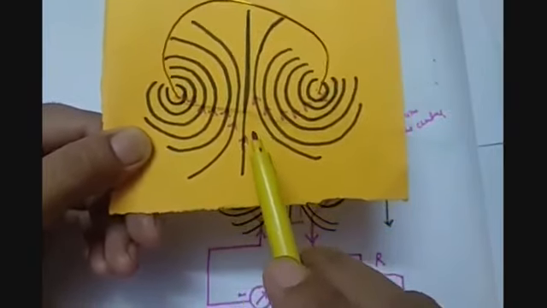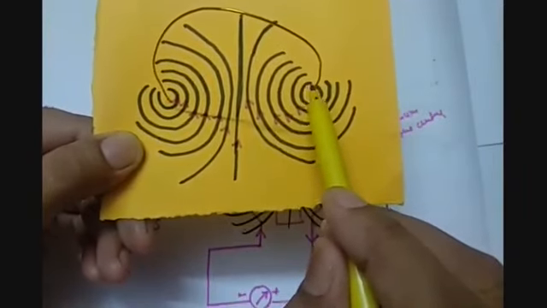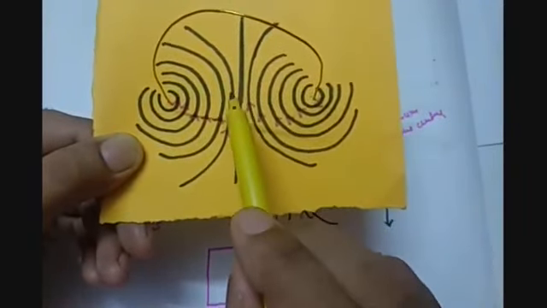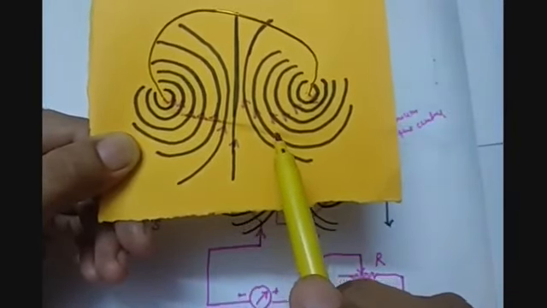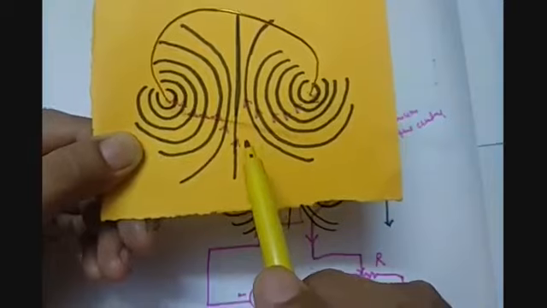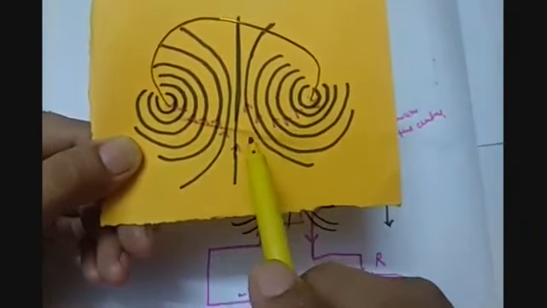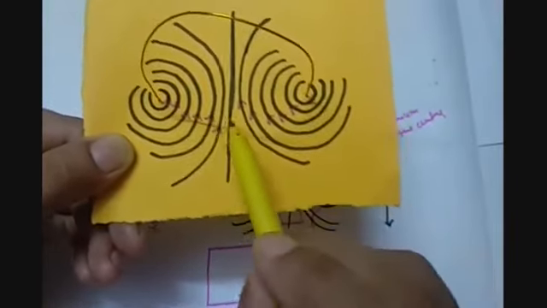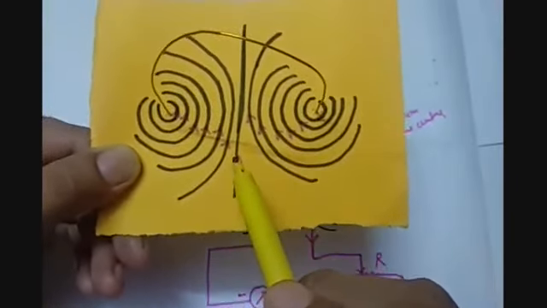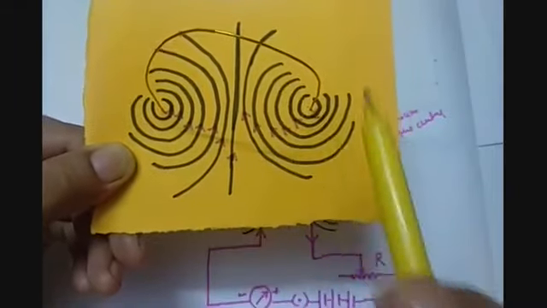But now you can think that as we go away from the conducting wire towards the center of the circular loop, the circles of magnetic field lines become bigger and merge into each other from both sides, and they become almost straight. So this straight line shows the magnetic field lines at the center of the circular loop.